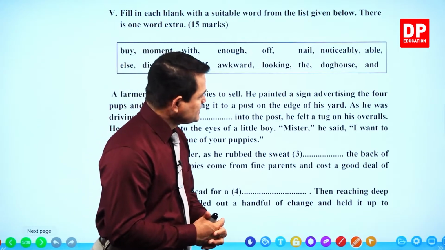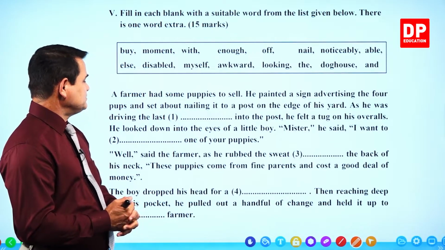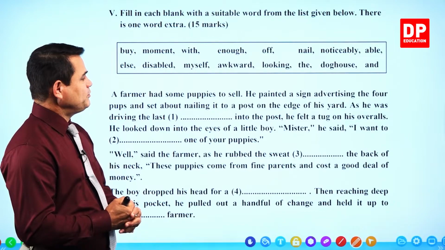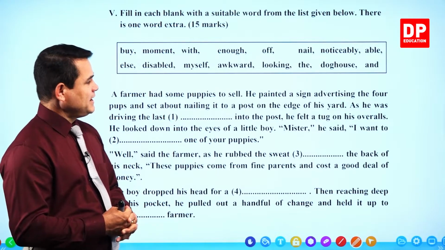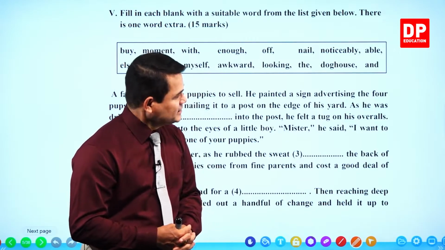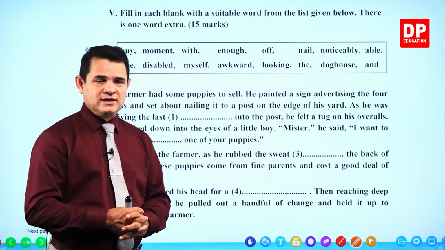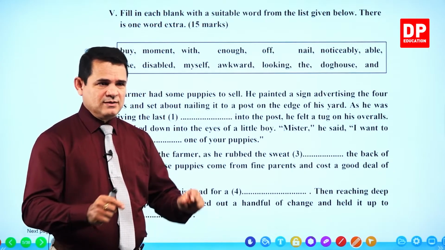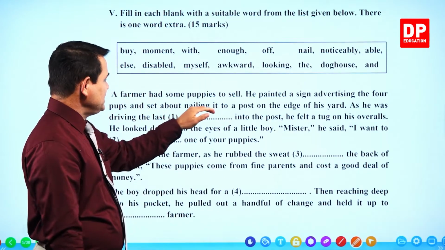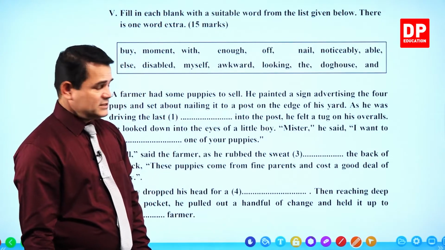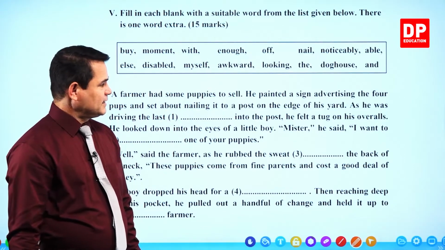He painted a sign advertising the 4 pups and set about nailing it to a post on the edge of his yard. පොඩි ගැන විකුණන්න බලු පැටව ඉන්නවා කියලා පොඩි බෝඩ් එකක් ගහන්න nailing ඇන ගහන්න. Nailing to a post on the edge of his yard. එයාගේ yard එකේ කෙරවලේ post එක කණුවක මේක තියලා ඇන ගහනවා.